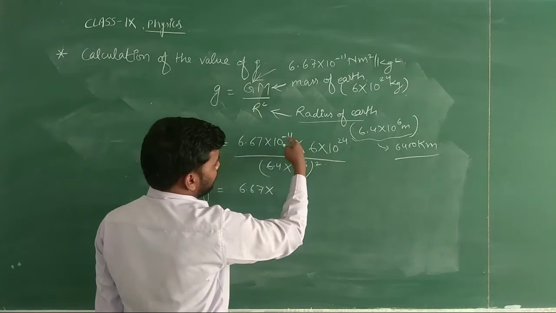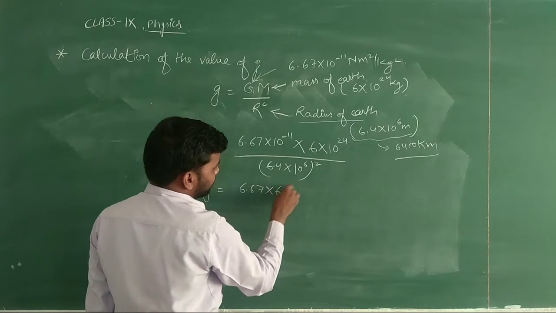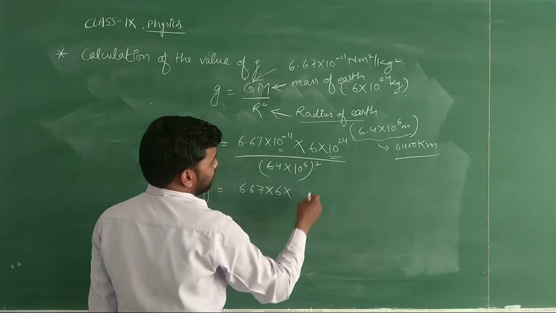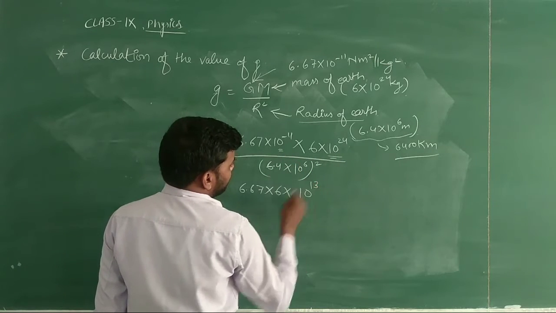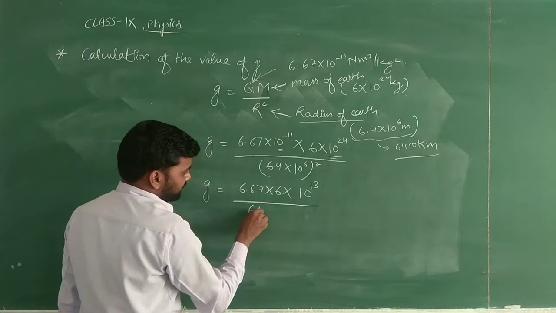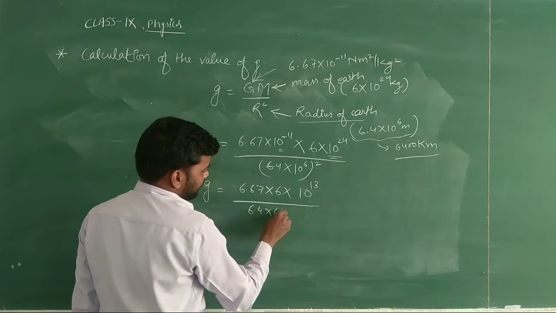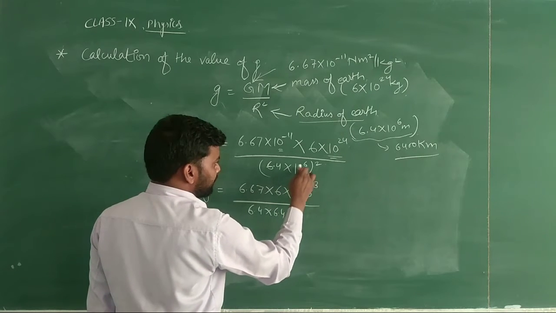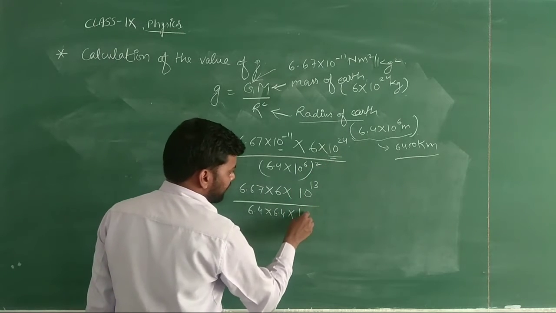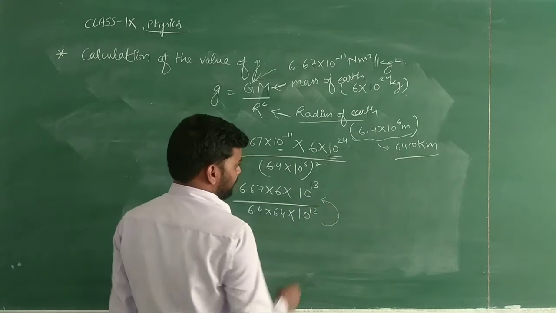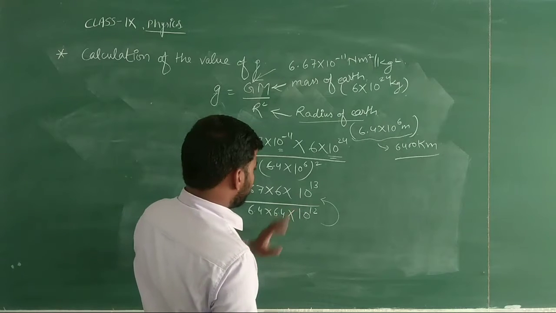If we solve the power of 10, it will be 10 to the power 13 in the numerator, and in the denominator we write 6.4 into 6.4 multiplied by 10 to the power 12, which goes to the numerator.